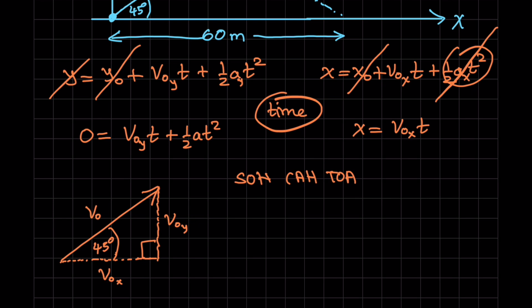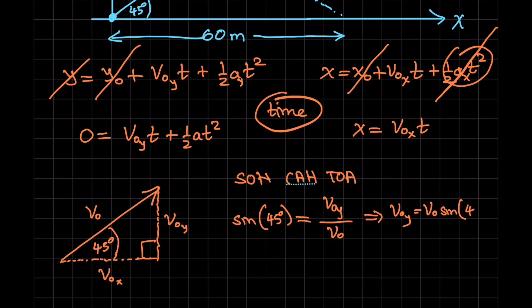So, all in reference to the angle 45 degrees, when I write sine of 45 degrees, what's its opposite? The opposite is v naught y, and its hypotenuse is v naught. So this allows us to solve for v naught y equal to v naught sine of 45 degrees.